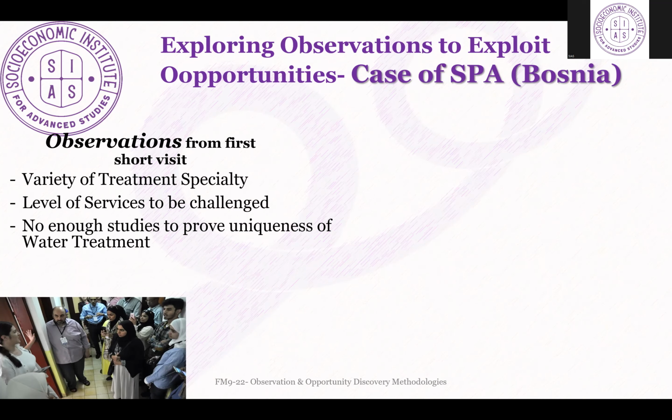There are not enough studies to prove the uniqueness of the thermal water treatment. They say this thermal water is very good quality, but they do not have enough customers compared to neighboring countries like Slovenia and Serbia, maybe because the quality of the thermal water is not well maintained. They claim this is the high return, but only 50% of the treatments use water.